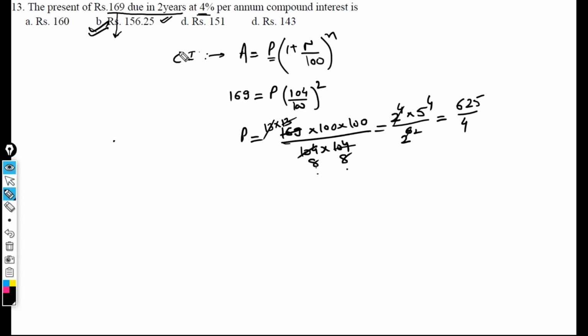Shubham, like in the last class, I told you guys that calculation is very important. So let it be either DI or quant, we have to have good command over the values. So if you know 169 is 13 square, you can think of cancelling out this 13. This 104 is an even number, 100 is an even number, so you can start cancelling out the values here.